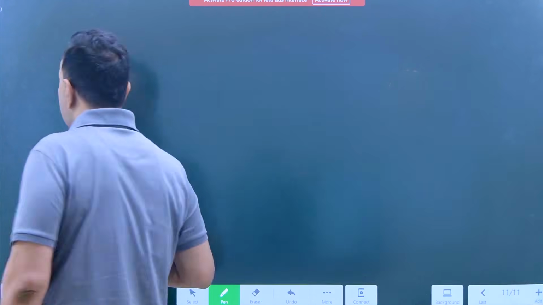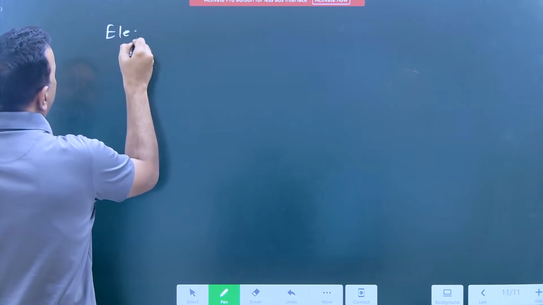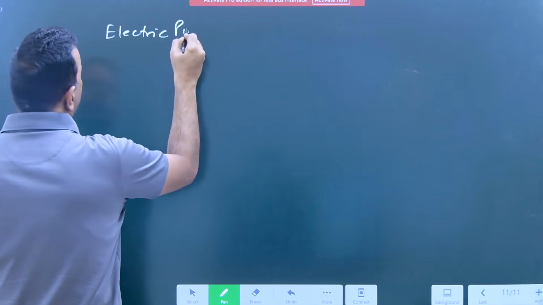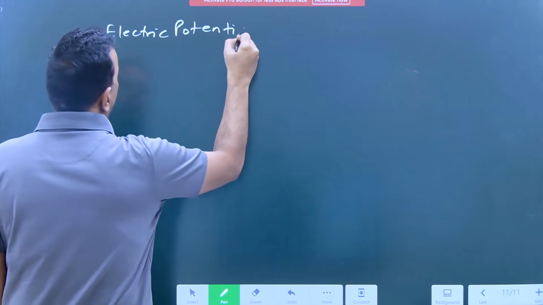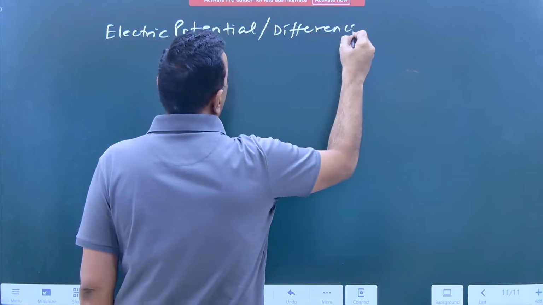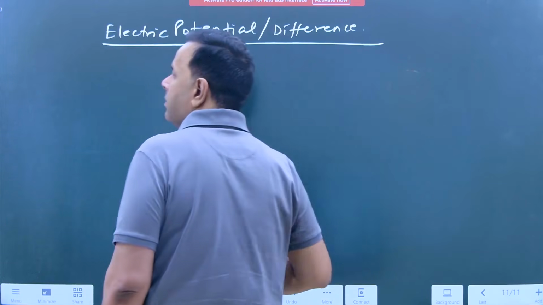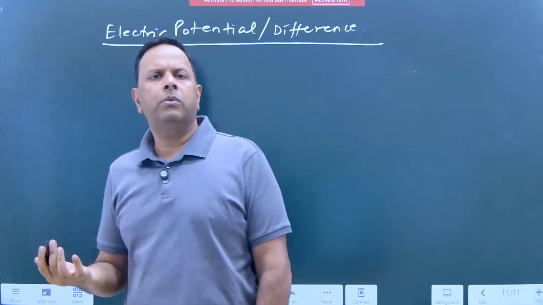Now tell me, do we remember how to define electric potential, or even the potential difference? There is not much of a difference, but do we remember the definition or the formula for this?